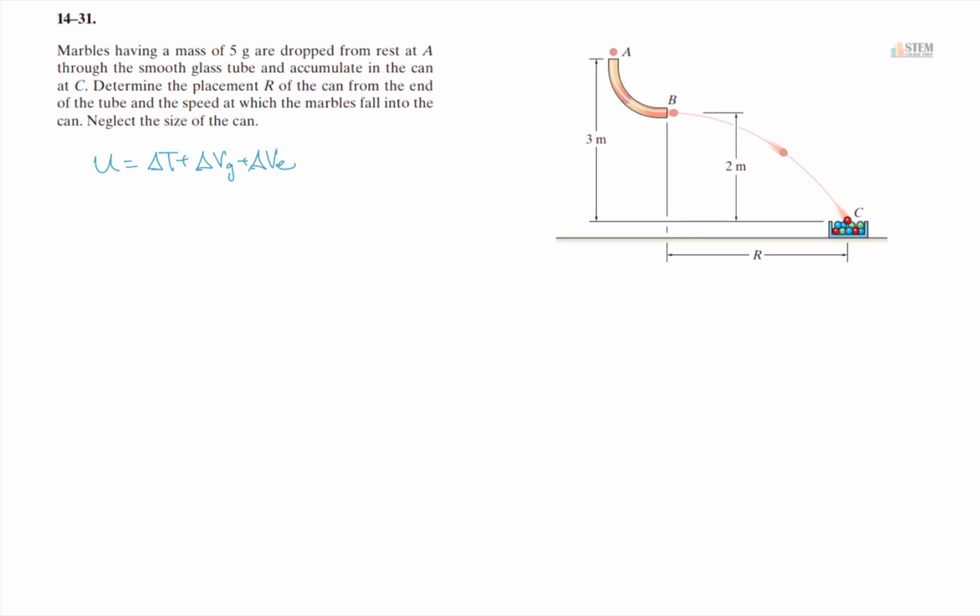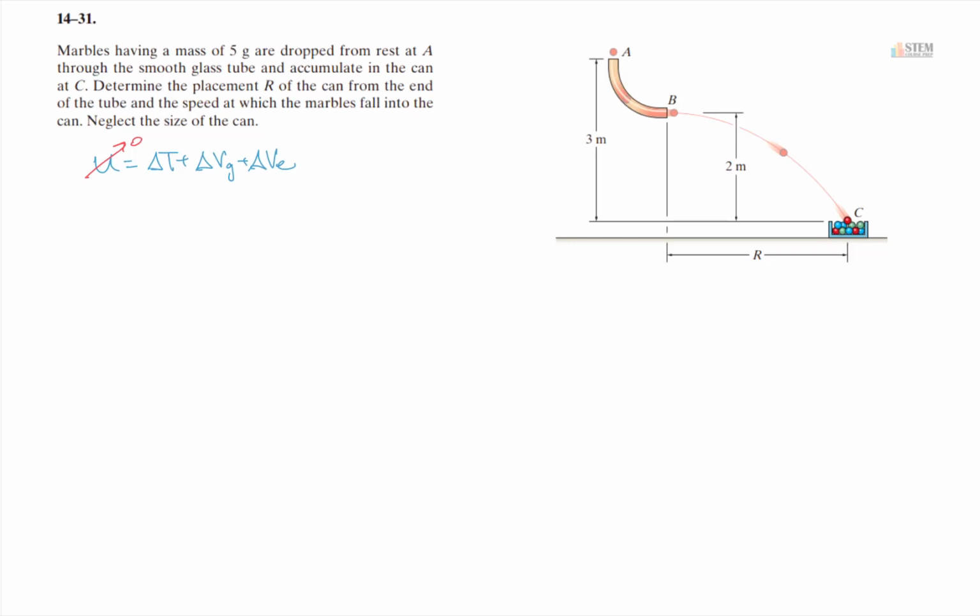Any forces other than springs and gravity would go over here. I don't really have anything else in here that would do work because this is a smooth tube, it says, right? So there's no friction there. Nothing else is doing work. That means this goes to 0.